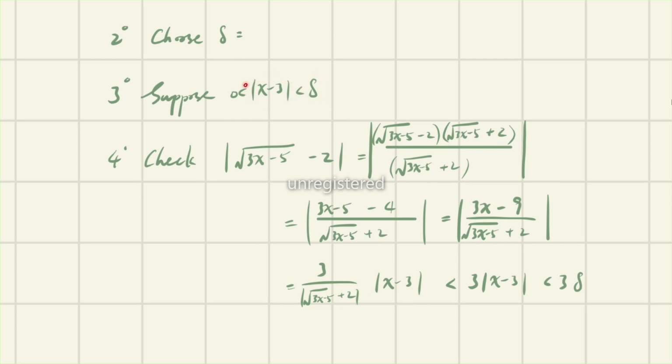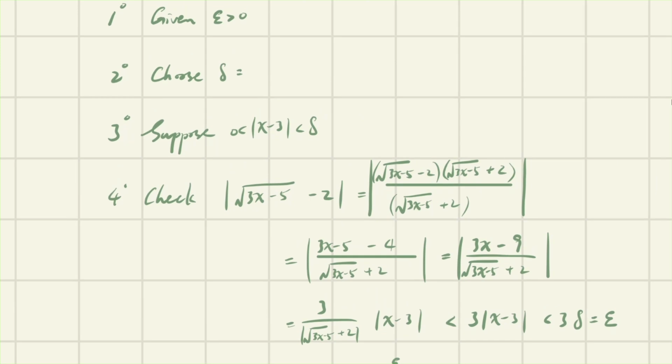So 3 times it will be smaller than 3 times delta. And for this, we choose 3 delta as our epsilon. Now we get delta equals epsilon over 3. So we choose delta equals epsilon over 3.